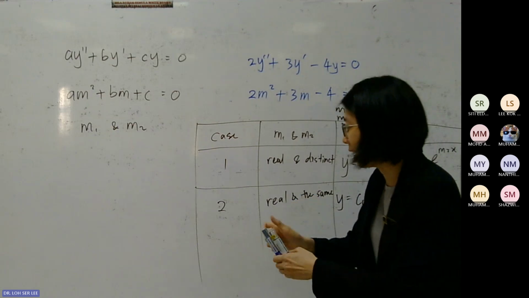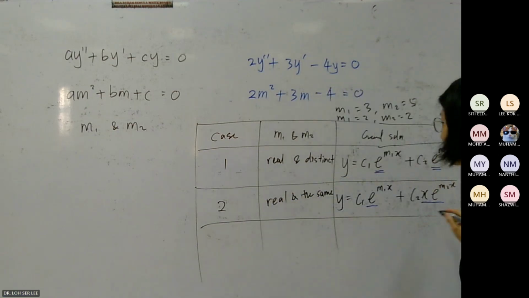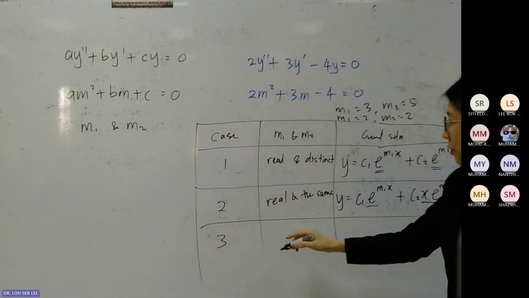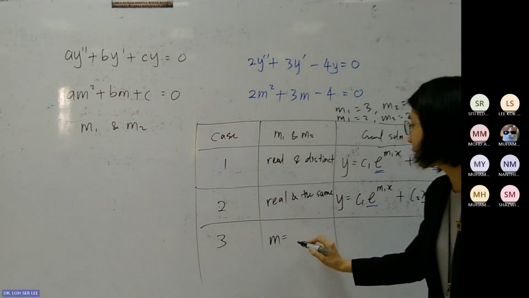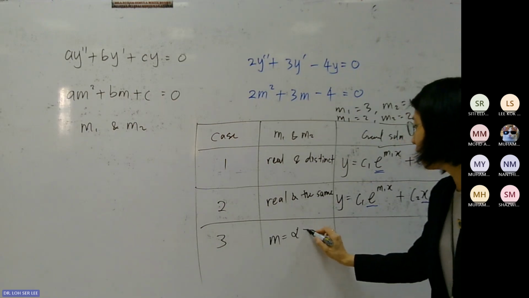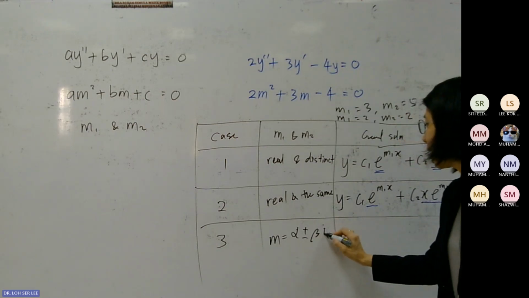And one last case, case 3, if your m is a complex number, alpha plus minus beta i.